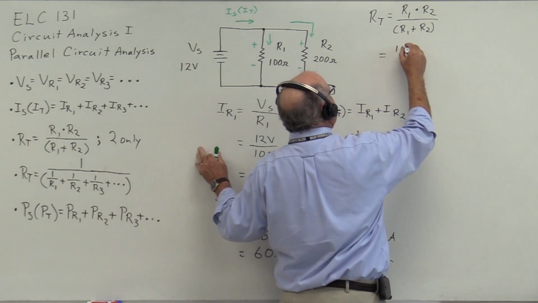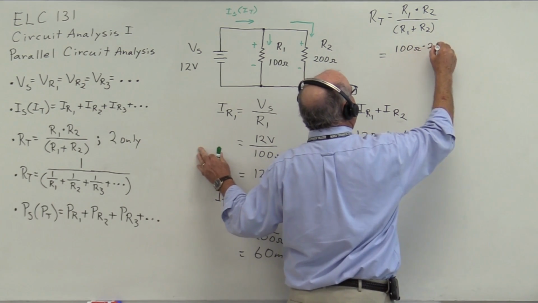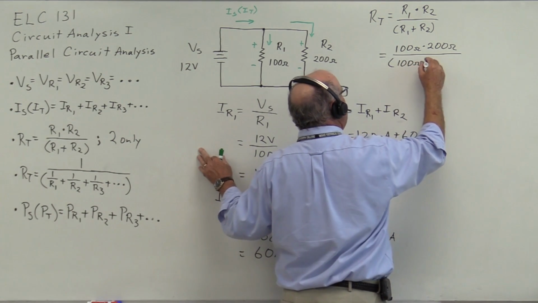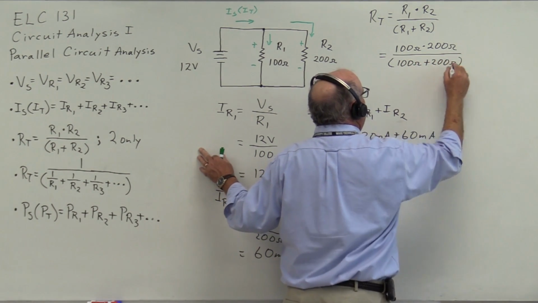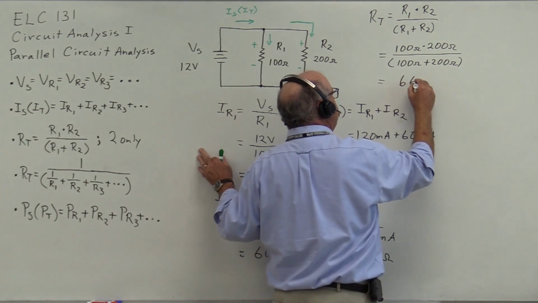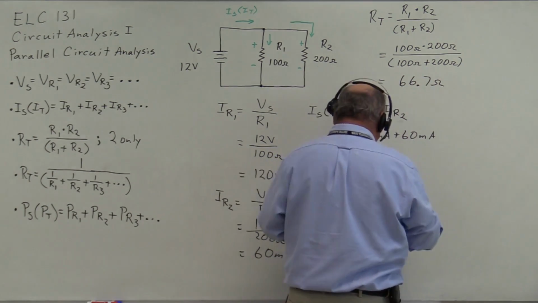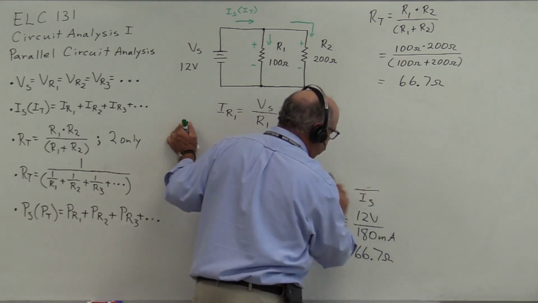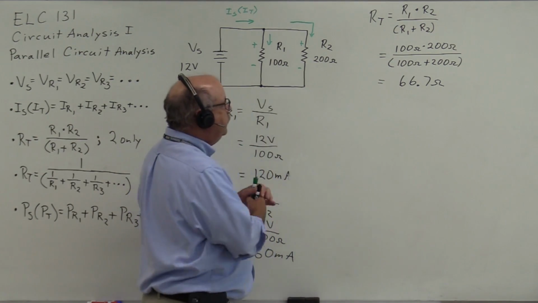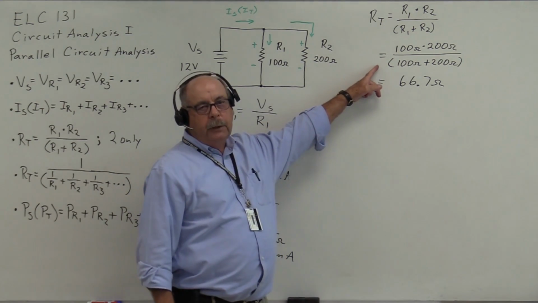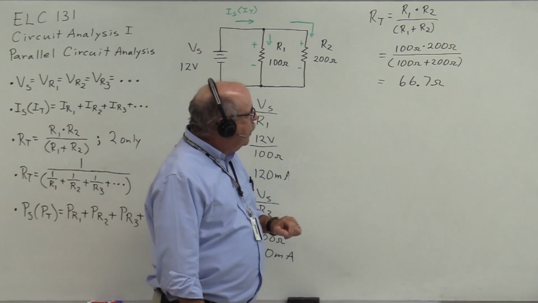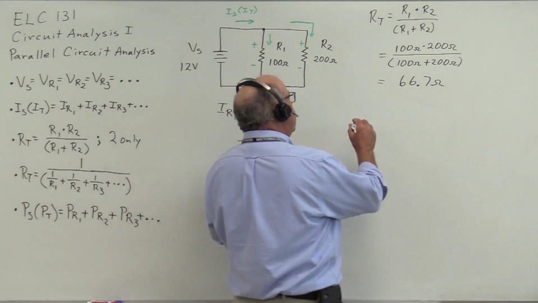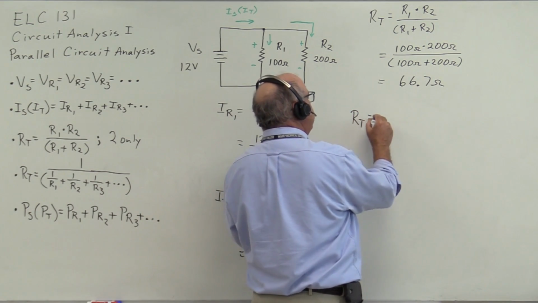And if we plug these numbers into our calculator, we will indeed come out with a total resistance of 66.7 ohms. Now, when you enter this into your calculator, be sure and put the bottom of the fraction inside parentheses, or you'll end up with, of course, the wrong answer.